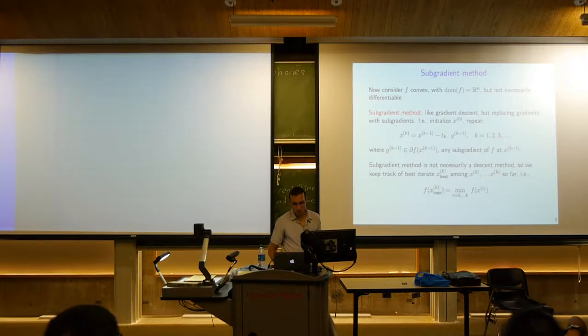Seems to me that there are two options, like the negative subgradient or the positive one. But it's not always true that if g is a subgradient of my function, then minus g is also a subgradient of my function. That's definitely not the case. Oh, so that set doesn't need to be symmetric. So the set of subgradients. Okay.